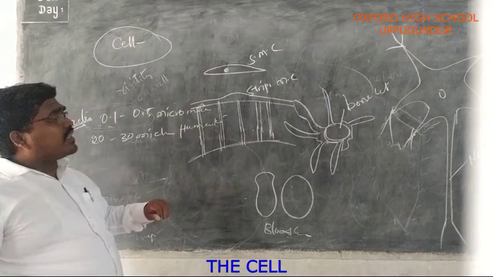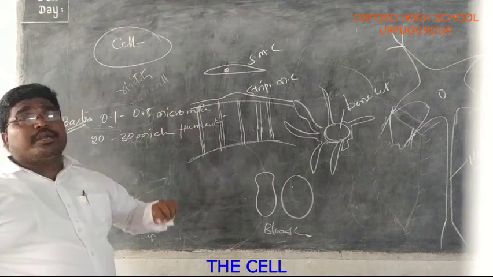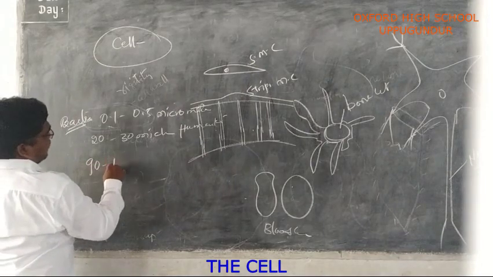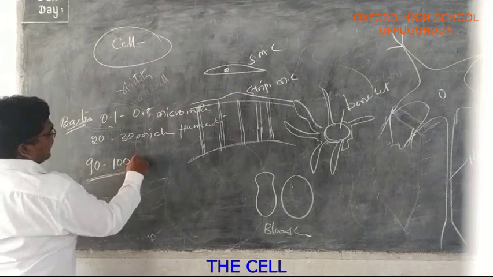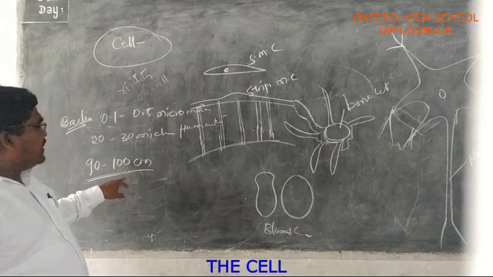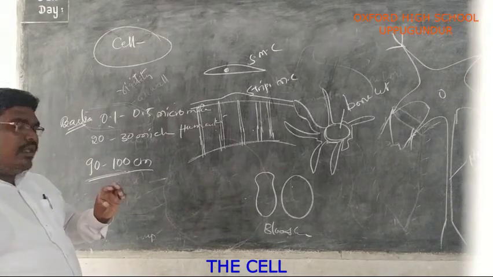And some of the cells can be visible to our eyes, maybe a few centimeters. For example, the nerve cell of the human body is 90 to 100 centimeters in length.